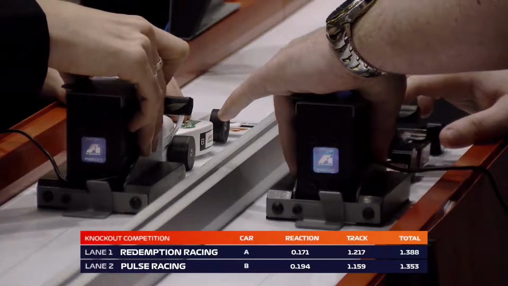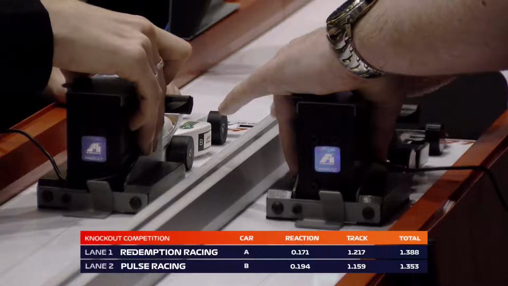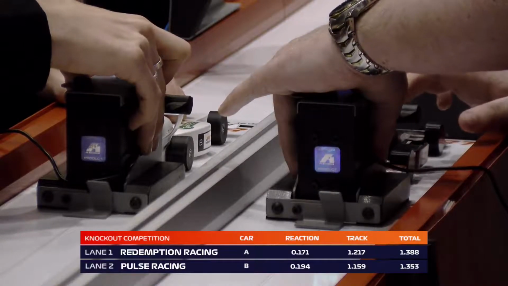Can Redemption respond with a faster race in the next one? 1.353 is the time to beat from Pulse Racing.